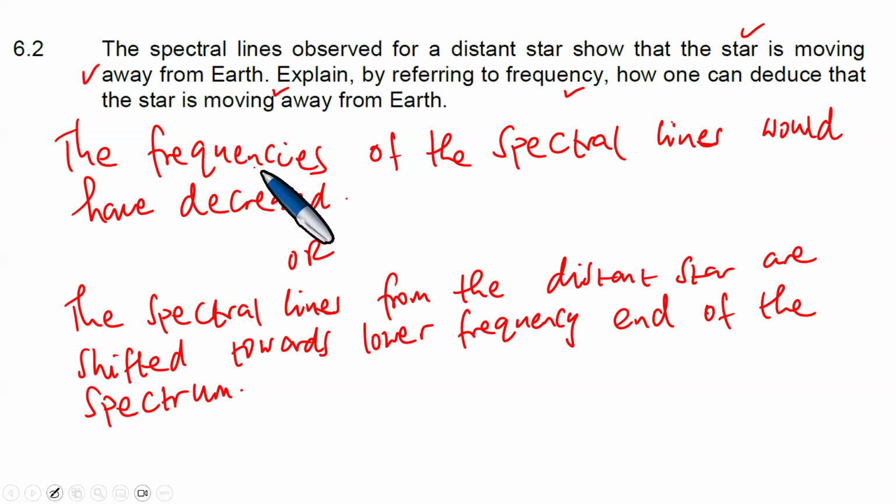Alternatively, you can say the spectral lines from the distant star are shifted towards lower frequency end of the spectrum, which just signifies that the star is moving away from Earth.